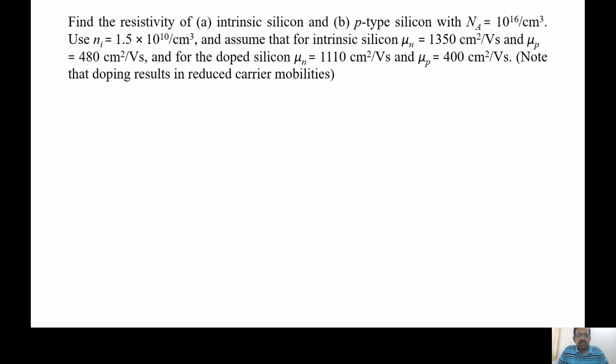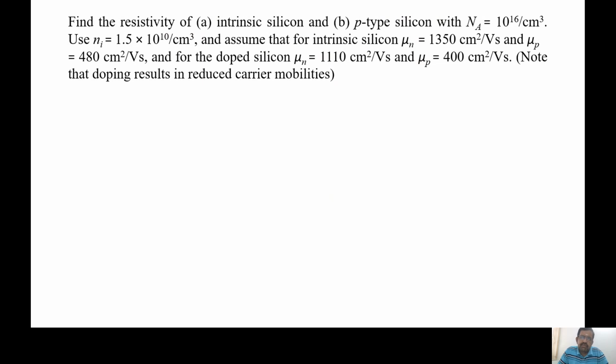For the doped silicon, the mobility gets slightly reduced: the mobility of electrons is 1110 centimeter square per volt second, and the mobility of holes is 400 centimeter square per volt second.